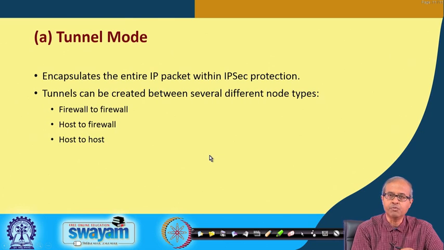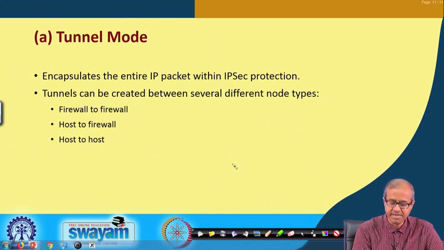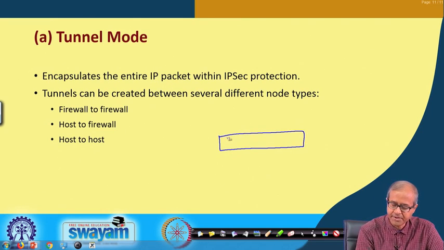Talking about the tunnel mode, what is done here is that an entire IP packet, that means you think about this, you have an IP packet. So, you have the IP header in one part, here you have the IP header, and this is the IP data.